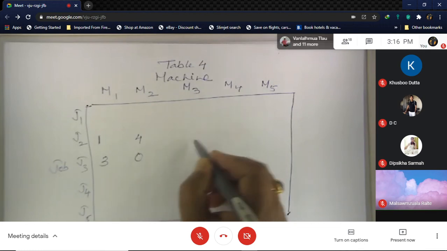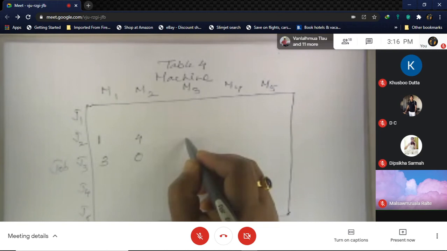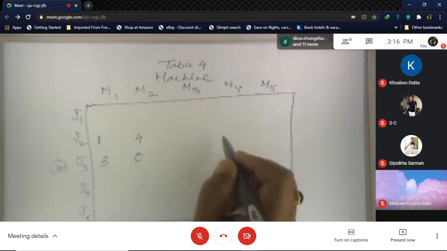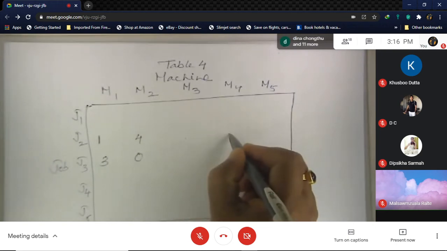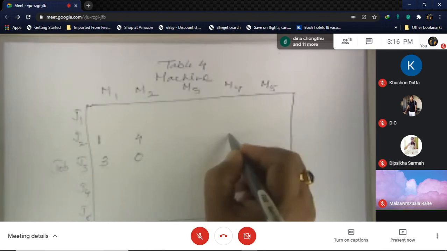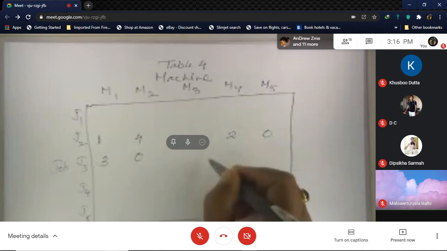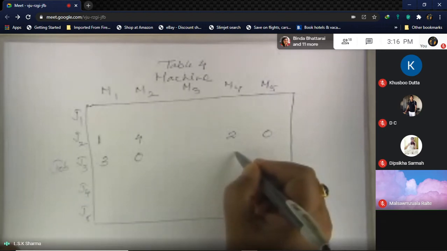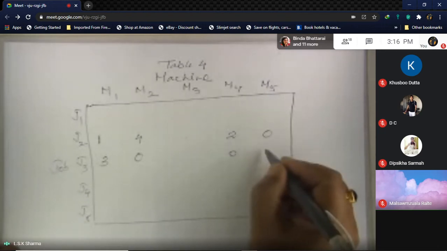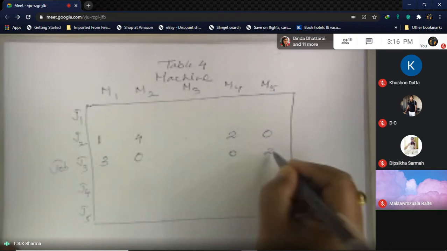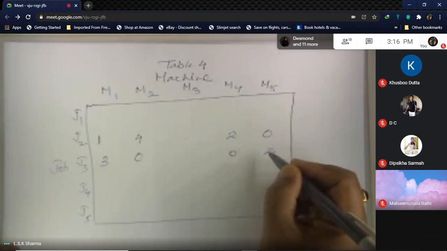Then this will remain as it is, but I'll come back to it later. First, let me come to where the elements are to be subtracted. 3 minus 1 is 2, 1 minus 1 is 0, 1 minus 1 is 0, and 3 minus 1 is 2.